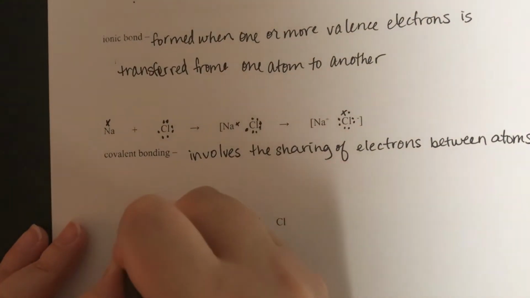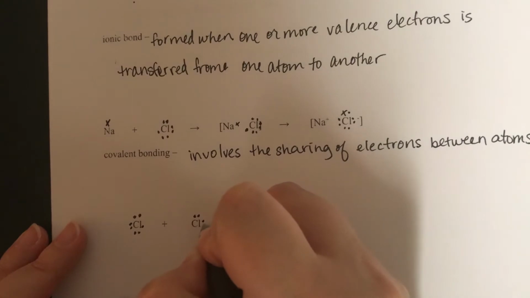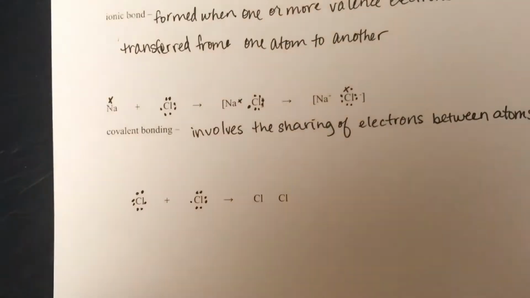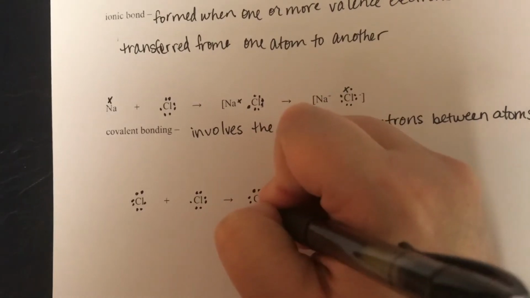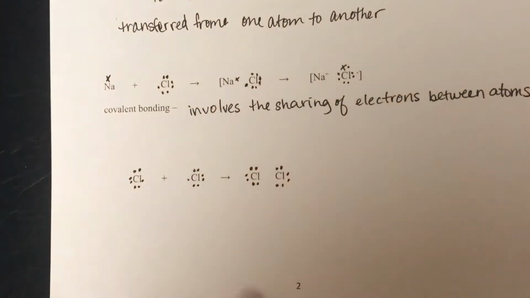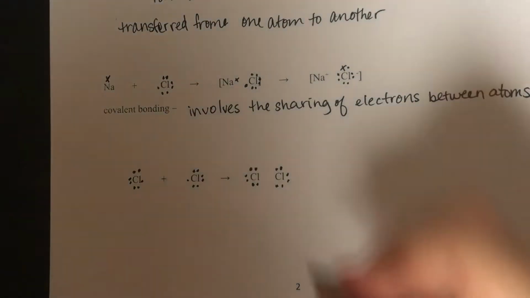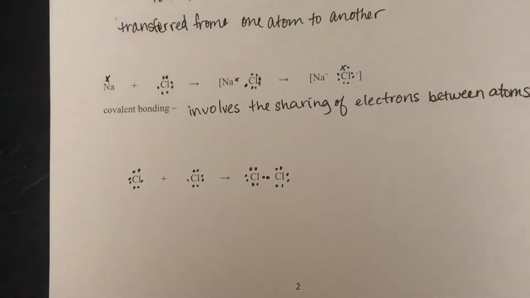So you've got these 2 chlorine atoms. They both have 7 electrons. And then they come together, and they both want to have the perception of having 8 electrons. But if one of them gave it up, that one would have 6, and that would be bad. So instead they put the 2 electrons that they both want in between them, and they share them.